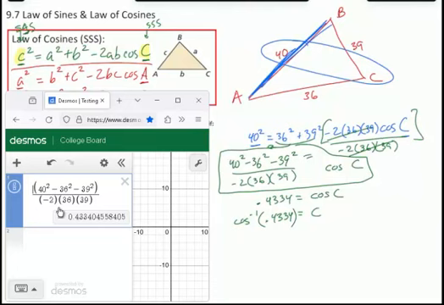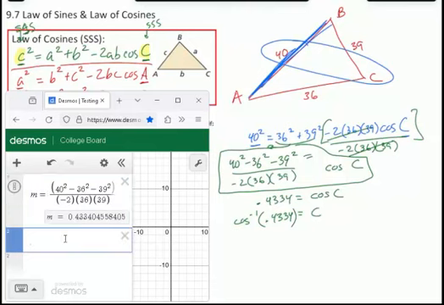So if I go back into my first line here and I assign it a variable, it doesn't matter what you assign it, so let's call it m. If I say that this is equal to m, on my next line I can take the inverse cosine of that quantity that I assigned m, and it gives me my angle. So my angle is 64.32 degrees. So that's C.